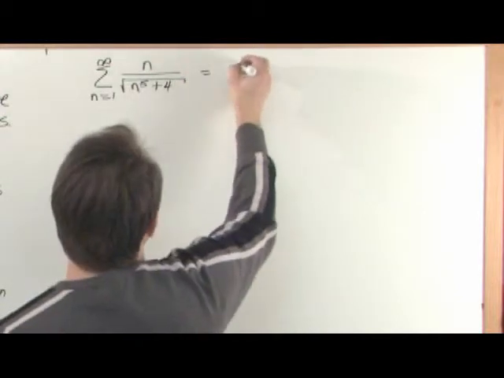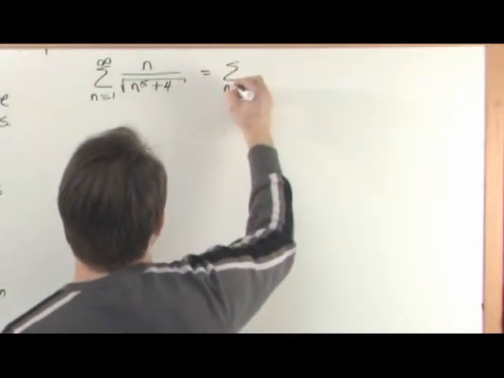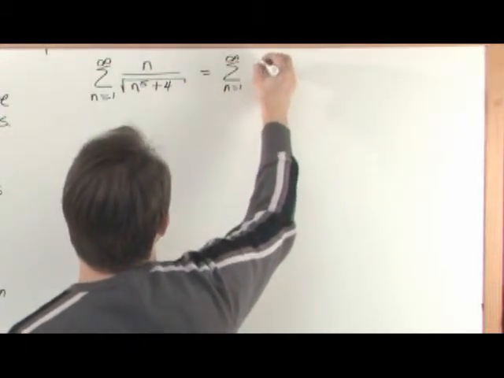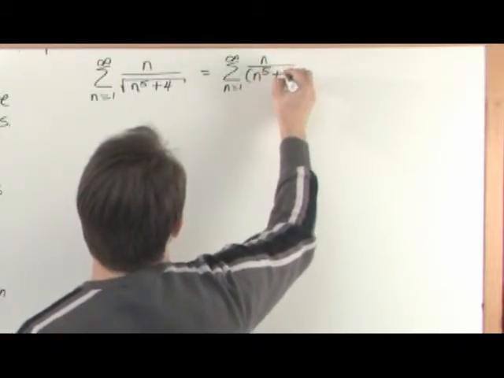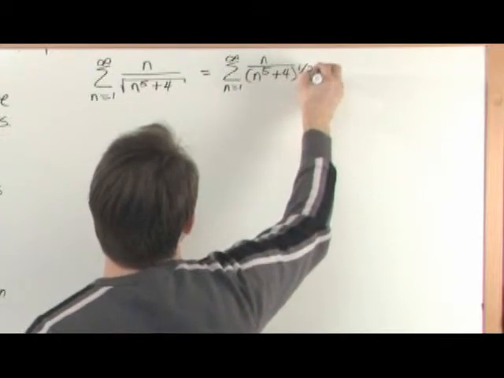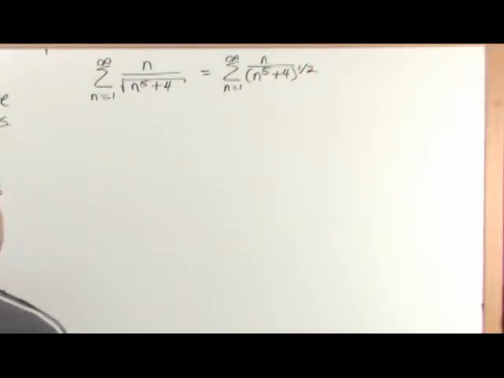Before I even do that, I never like radicals running around in my series. So it's the sum from 1 to infinity of n over (n to the 5th plus 4) to the 1/2. Okay? That's what I have.